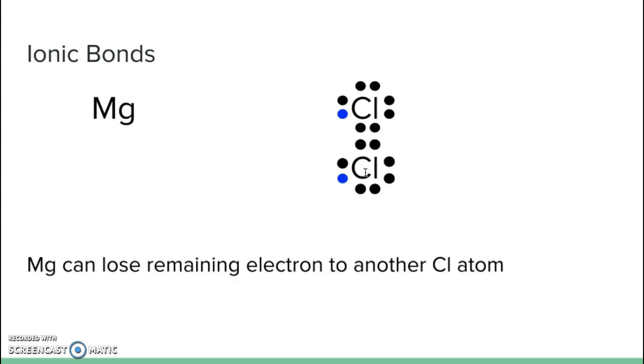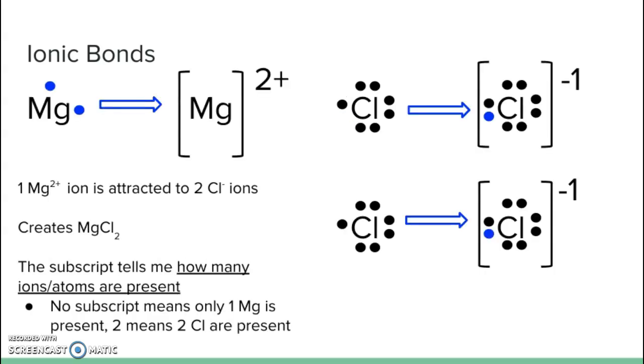So now all 3 atoms are stable, okay? How I would write this is that when magnesium gave up 2, it's going to have a 2+ charge. Each of my chlorines gained an electron, and so I'm going to have a -1 charge.